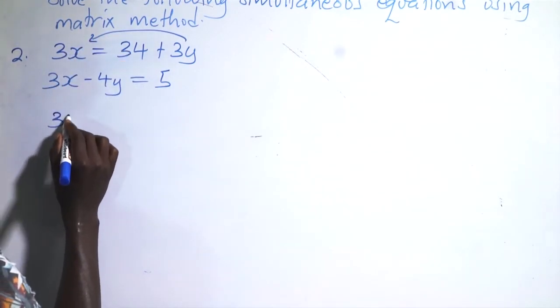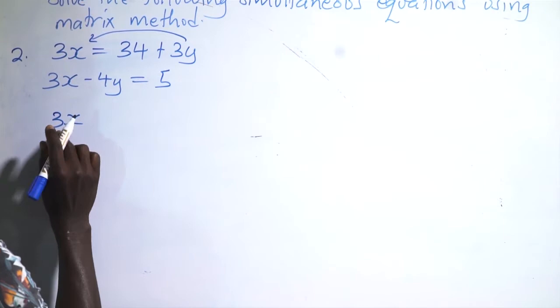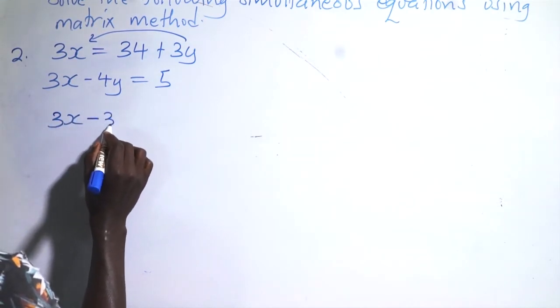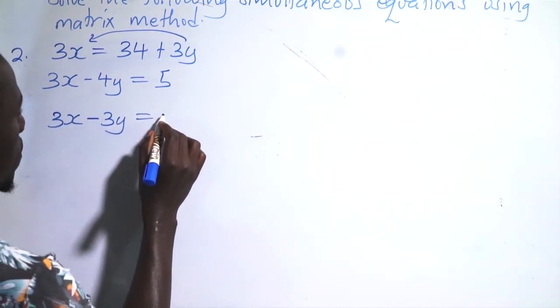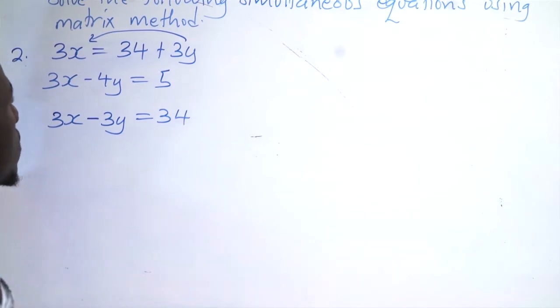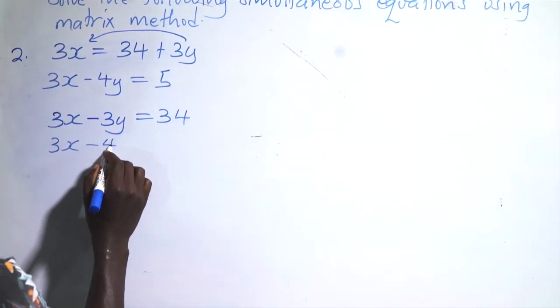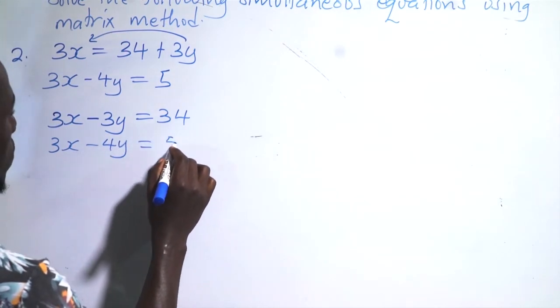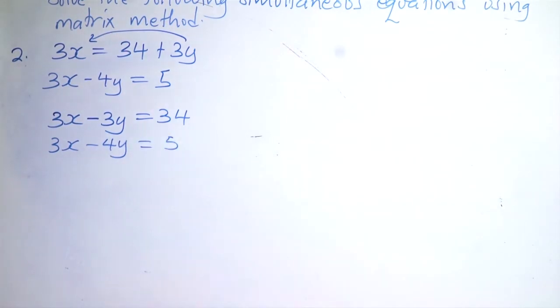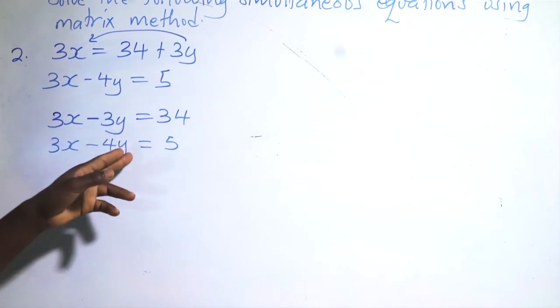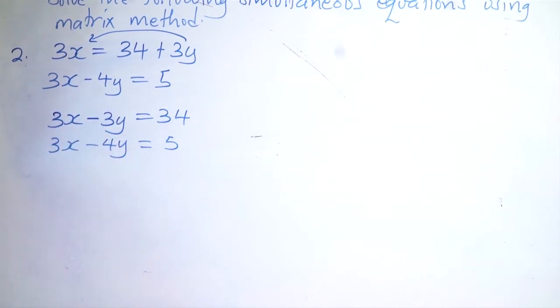That is the 3x, then minus the 3y, that is equivalent to 34. Then the 3x minus the 4y is equivalent to 5. So I have that. They are in the order, the unknowns.